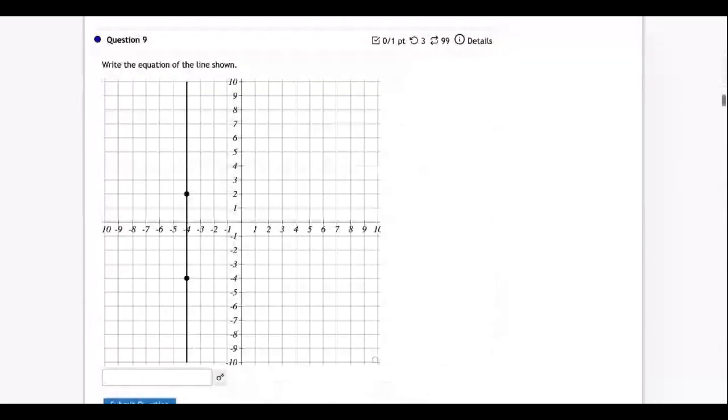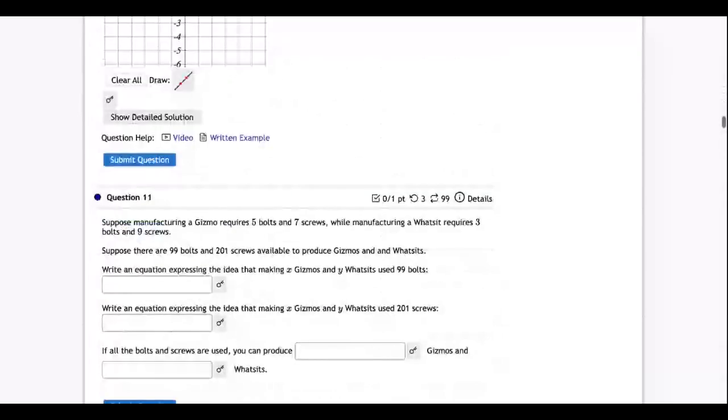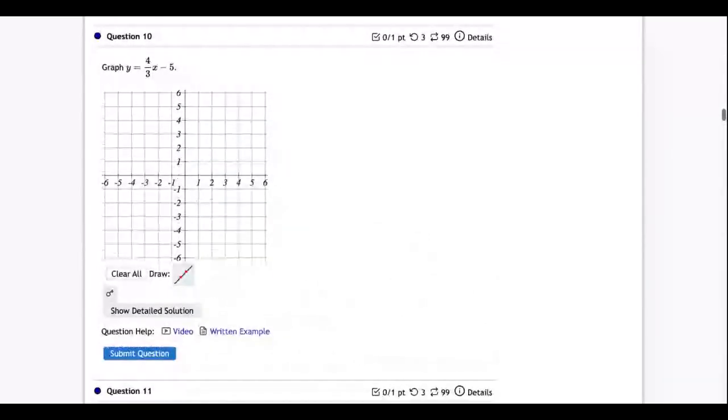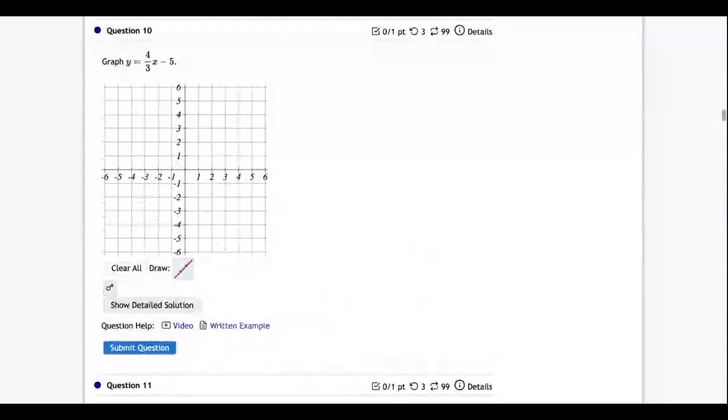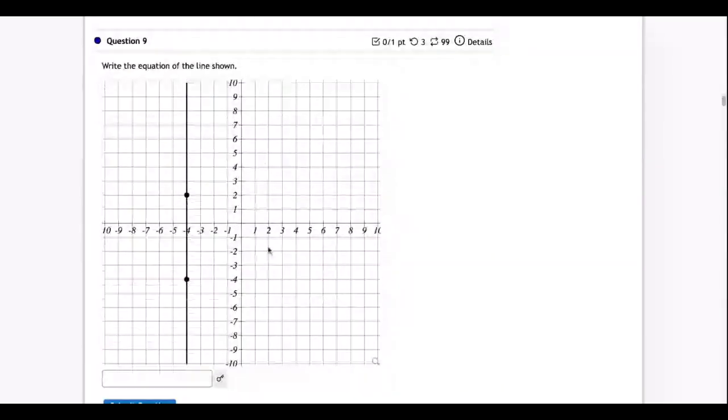Okay. Yeah, it's like that one. I think it was like this one? 9. Is this one? You know, question 9. Okay, read the equation of this line. This is a vertical line. You see those 2 points. What do those 2 points have in common?